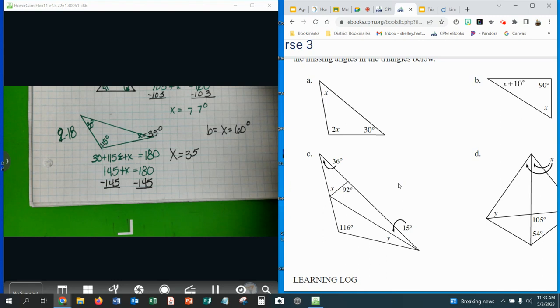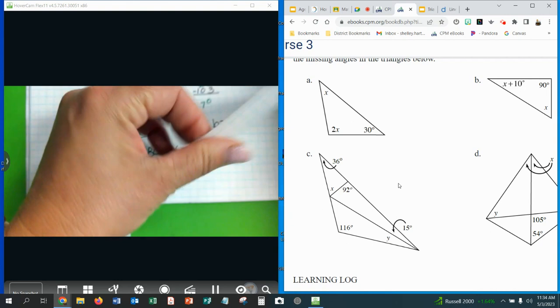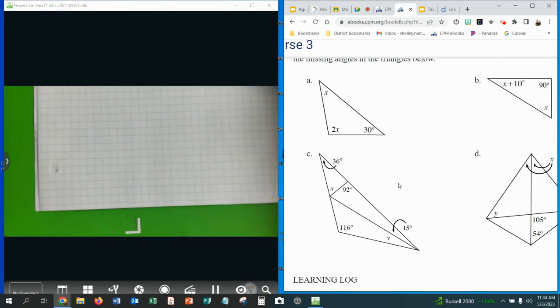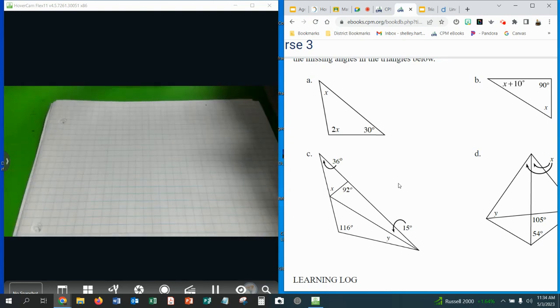Let's do number A because you'll have these in homework. I know that they're an extra challenge, but let's just do that. We need to find out what x is, right?